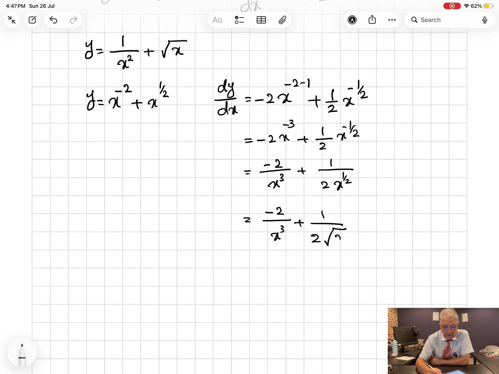You see, these are exactly the same thing, only you are changing the format.